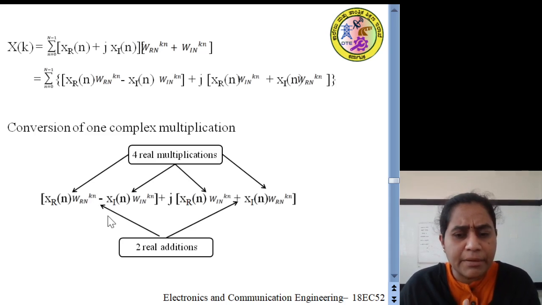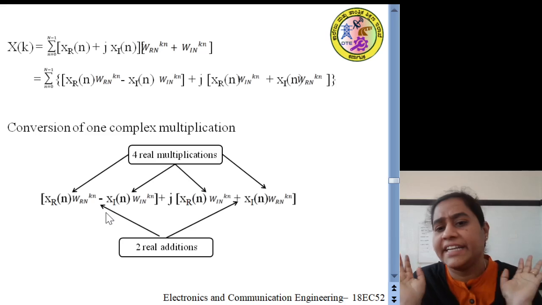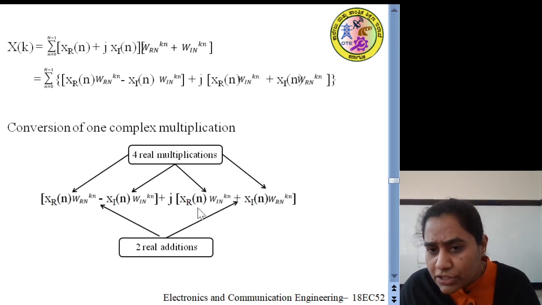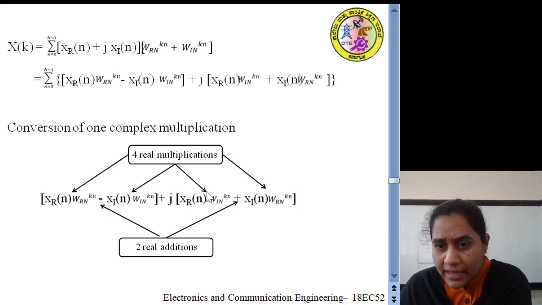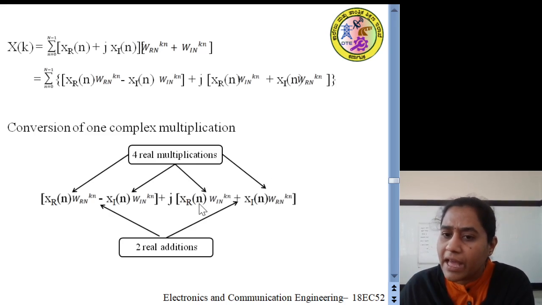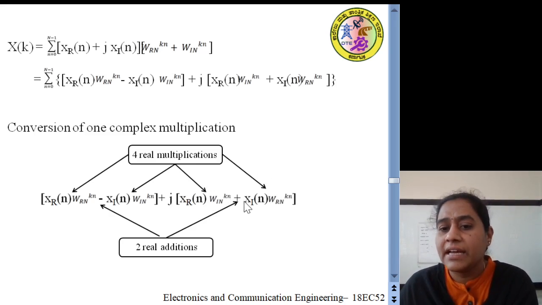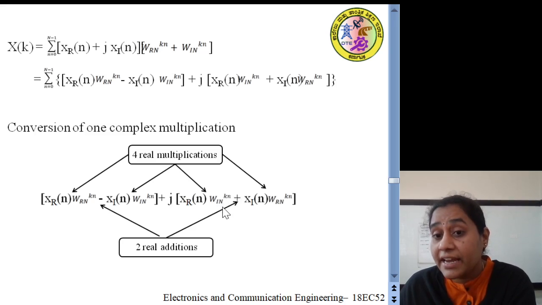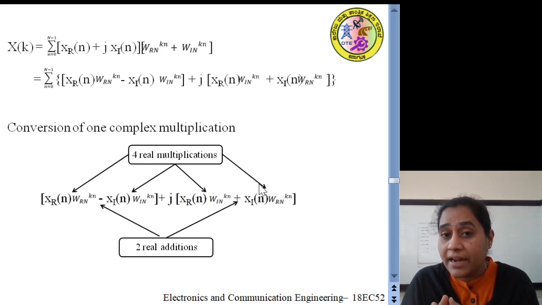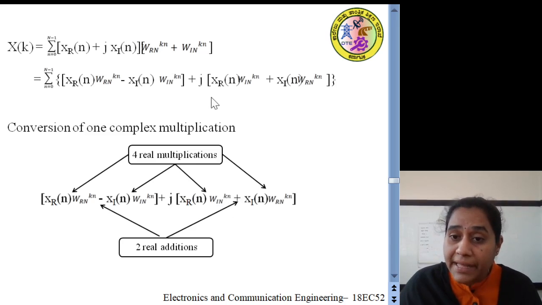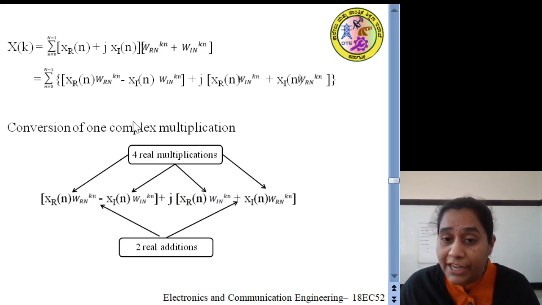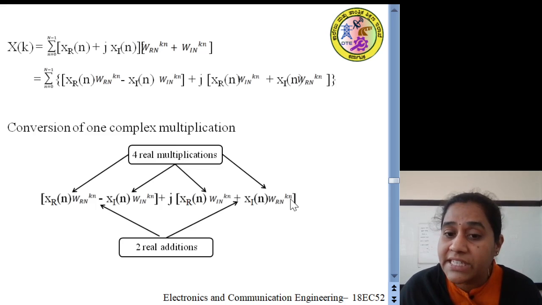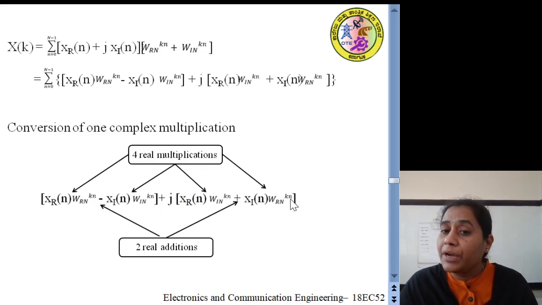Why it is real addition: this term is free of j term. Similarly, here also, within this bracket, it is free of j term. So we consider this addition again as a real addition. This is the second real addition. So what happens here? One complex multiplication is converted into four real multiplications and two real additions.